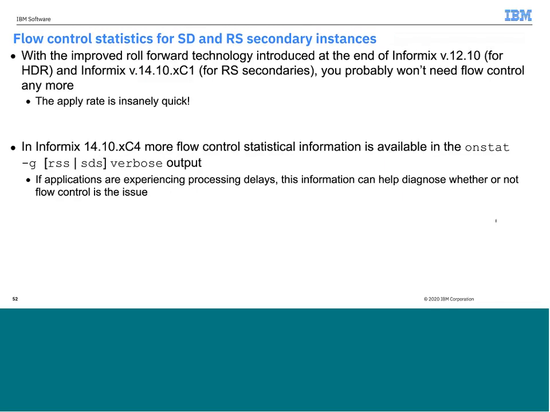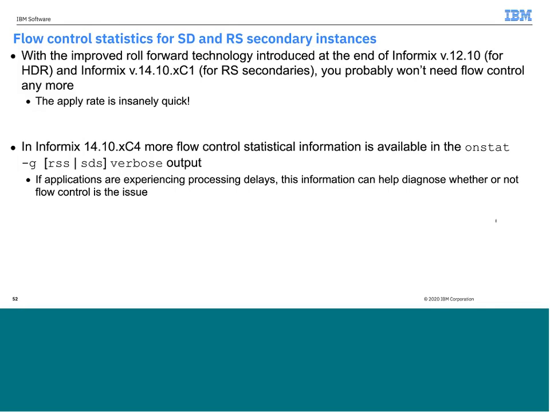Now, at the end of 12.10 for the HDR secondary and in XC1 of 14.10 for the RS secondaries, you'll remember they completely rewrote the apply mechanism for logical log applies on these secondaries, and it is just wicked fast. I mean, just wicked, wicked, wicked fast.